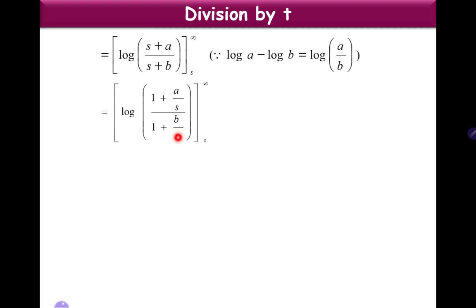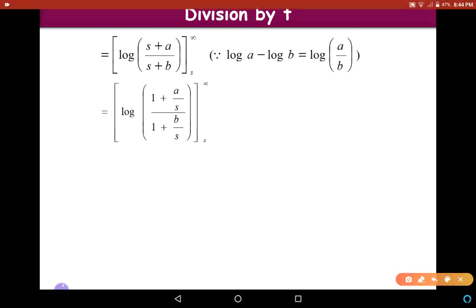We divided the numerator and denominator of s plus a by s plus b by the highest power of s, that is s. So, dividing s plus a by s, we get 1 plus a by s. Similarly, dividing s plus b by s, we get 1 plus b by s. Now if we apply upper limit infinity, 1 by s becomes 1 by infinity, and 1 by infinity goes to 0.